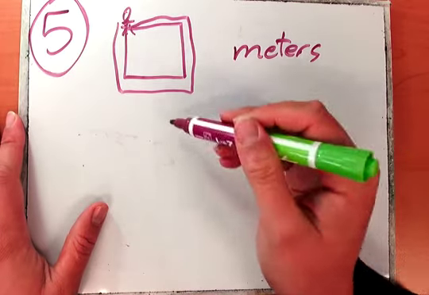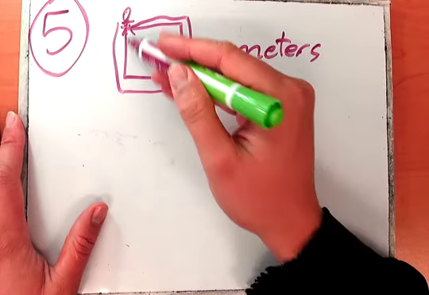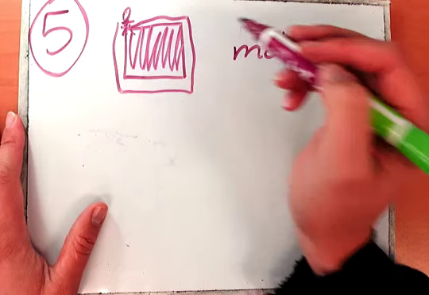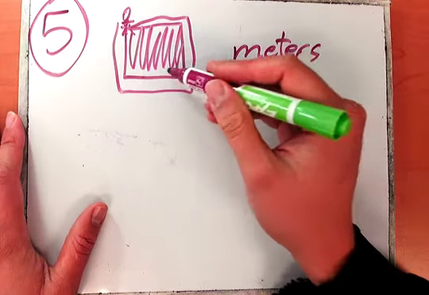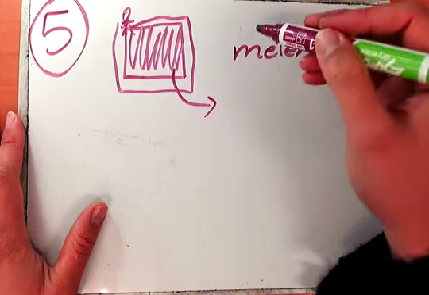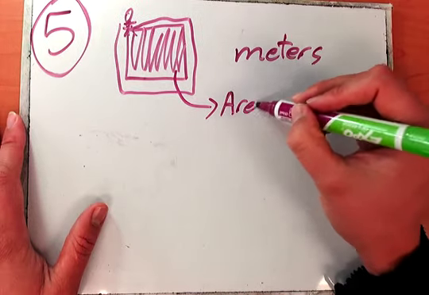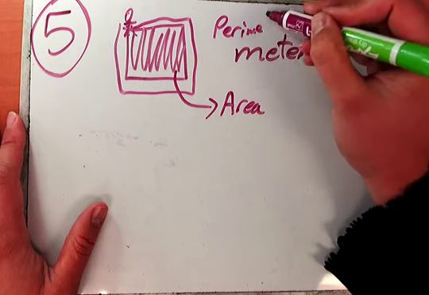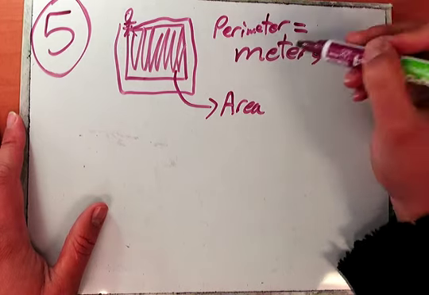If I then walk over the whole area and zigzag back and forth, that zigzagging is now area. So this is perimeter, and it's going to be in meters.